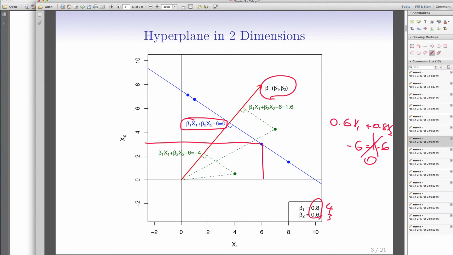So this is called the orthogonal norm of this function. This is orthogonal. That's the value of beta 1 and beta 2 that makes it an orthogonal line to it. That means there is a 90-degree angle between the norm and the line or hyperplane itself.